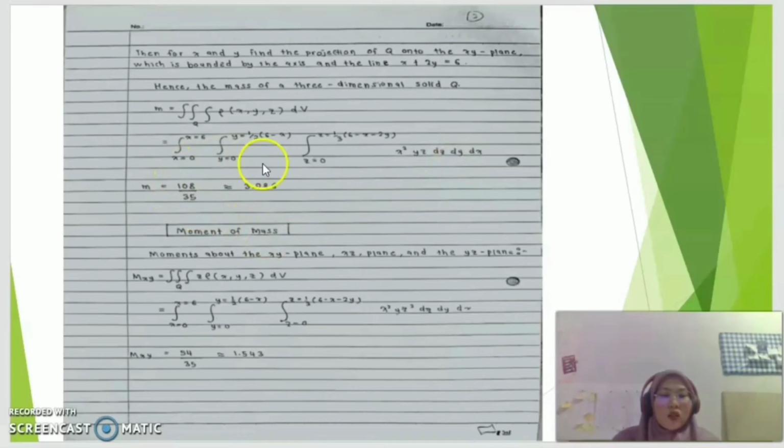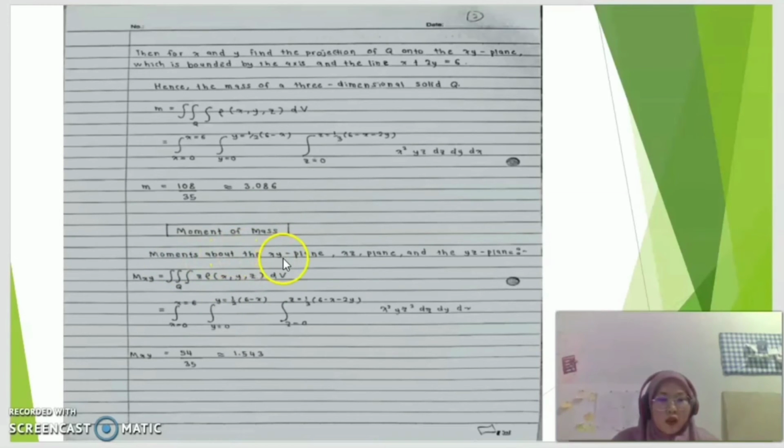The total we get is 108/35, which in decimal is 3.0086.